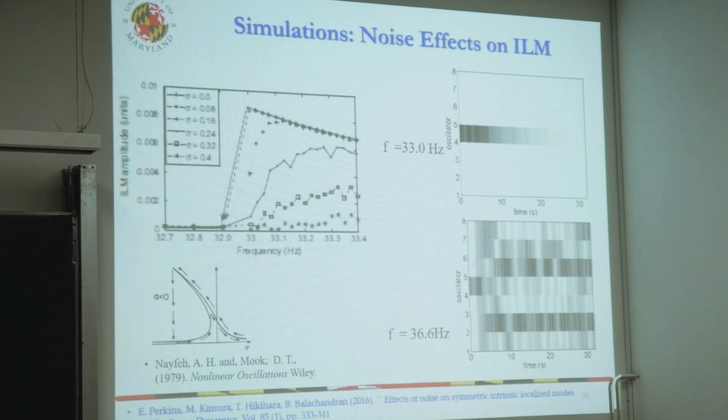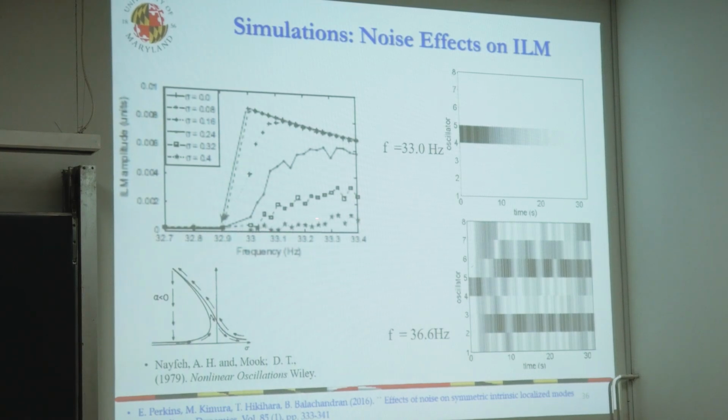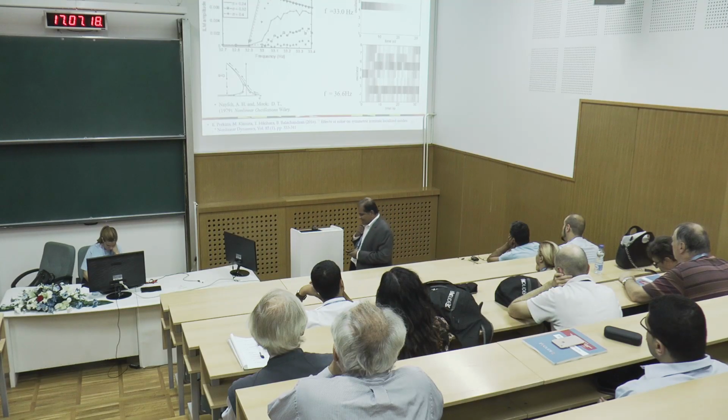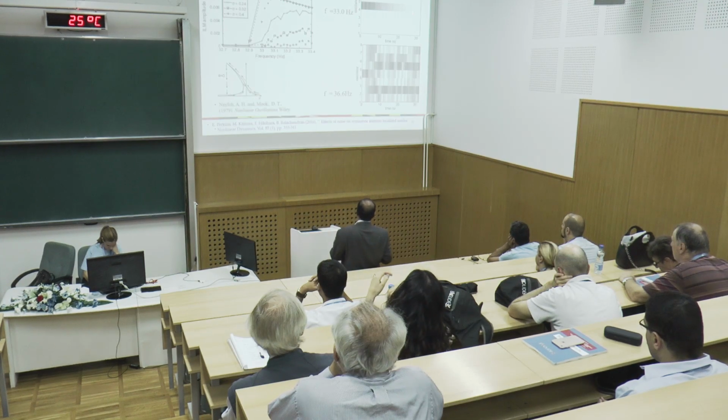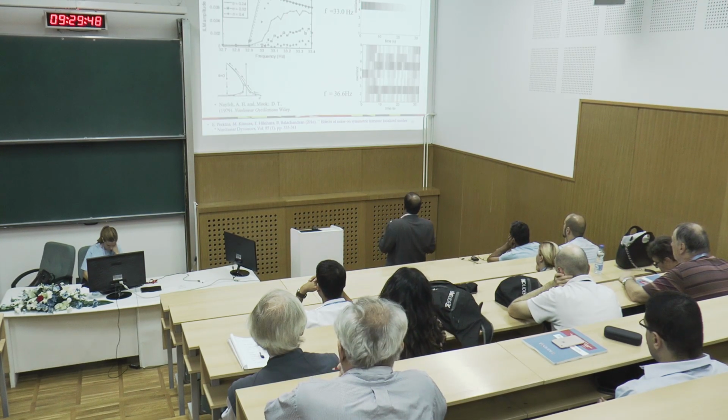Then if you add noise, you see that the response starts falling off after a certain region. And with a lot of noise, the response has a completely different character. We excited the system at about 33 hertz, and there was a localization before noise was added.